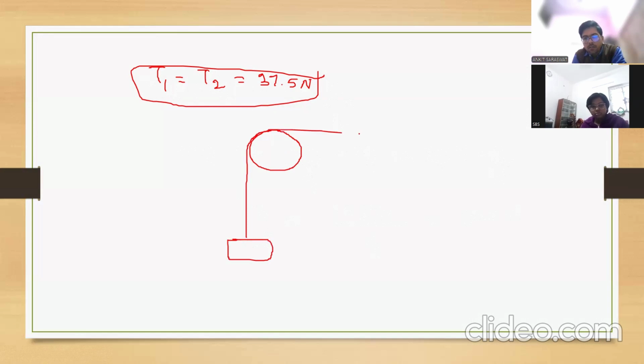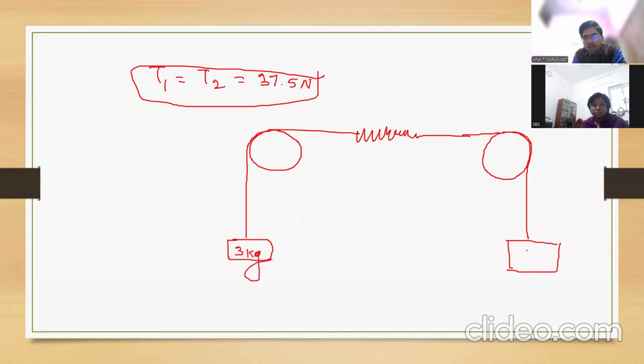Spring is there. Again, one pulley, string, one block is there. This is 3 kg, 5 kg. Here, in this string, tension is, you just draw like this. T1 is T2.